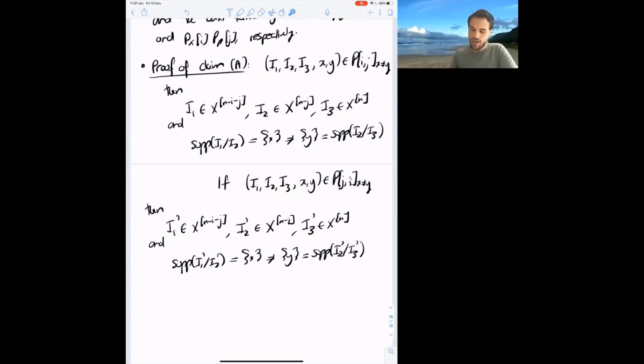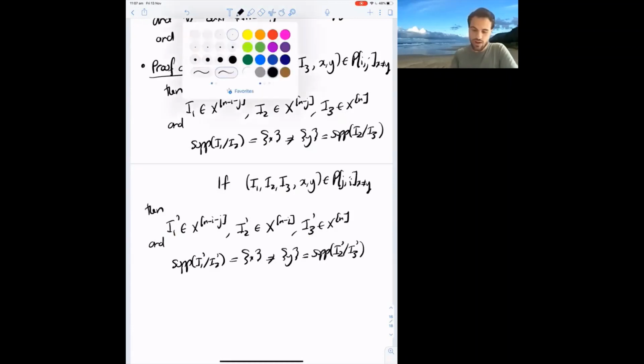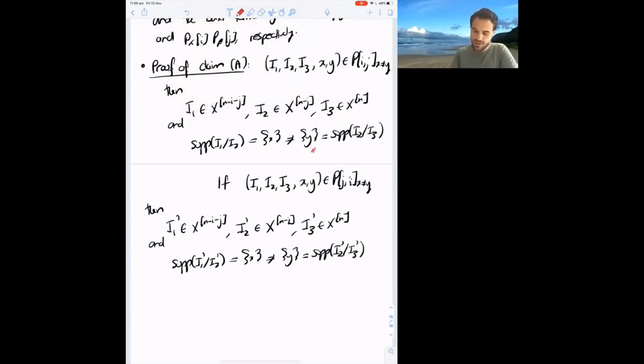But the difference is, how do we go from I1 to I2? We have to add I points. We have to add X I times. And then to go from I2 to I3, we have to add Y J times. So the description of this kind of data is to add X I times, then add Y J times.